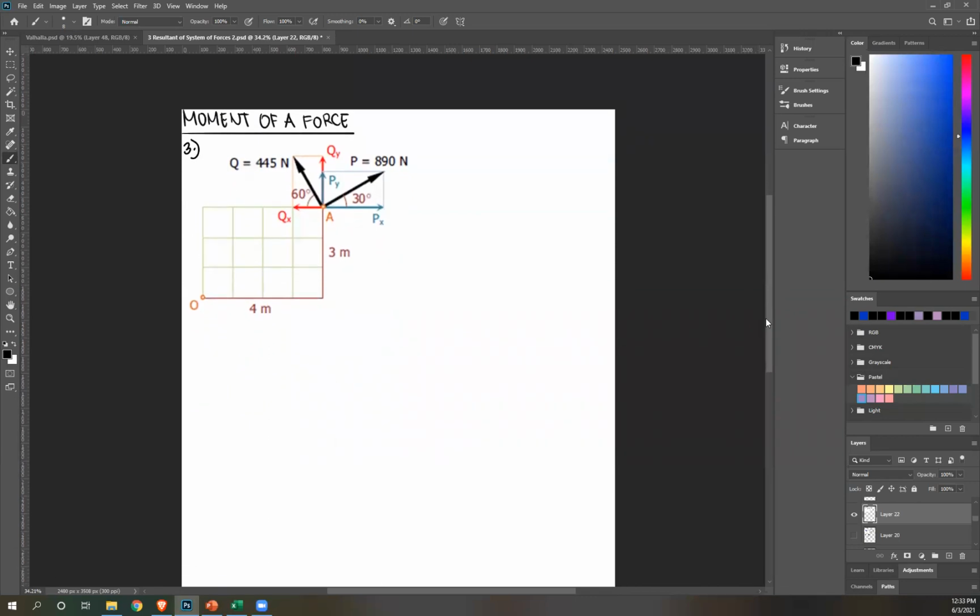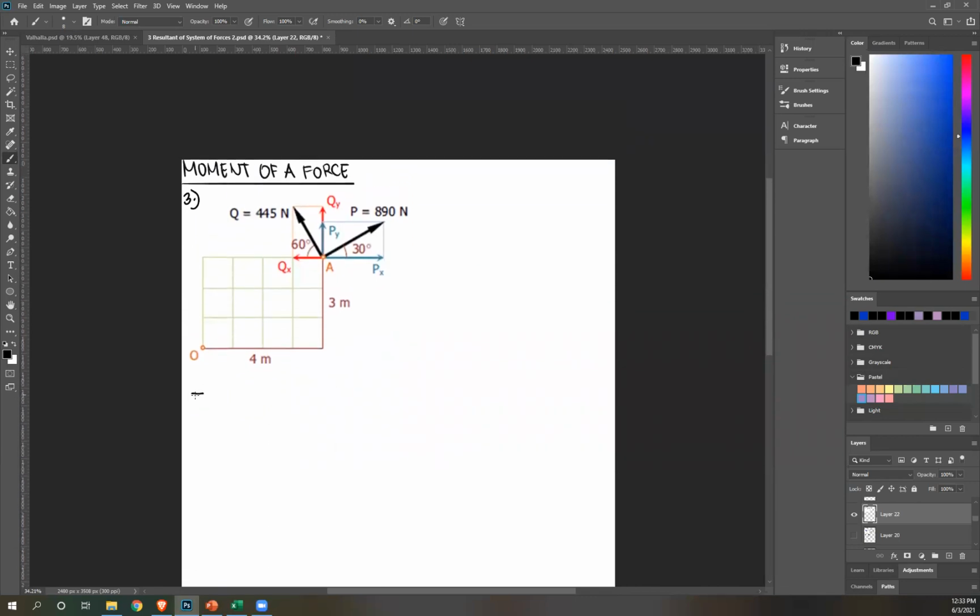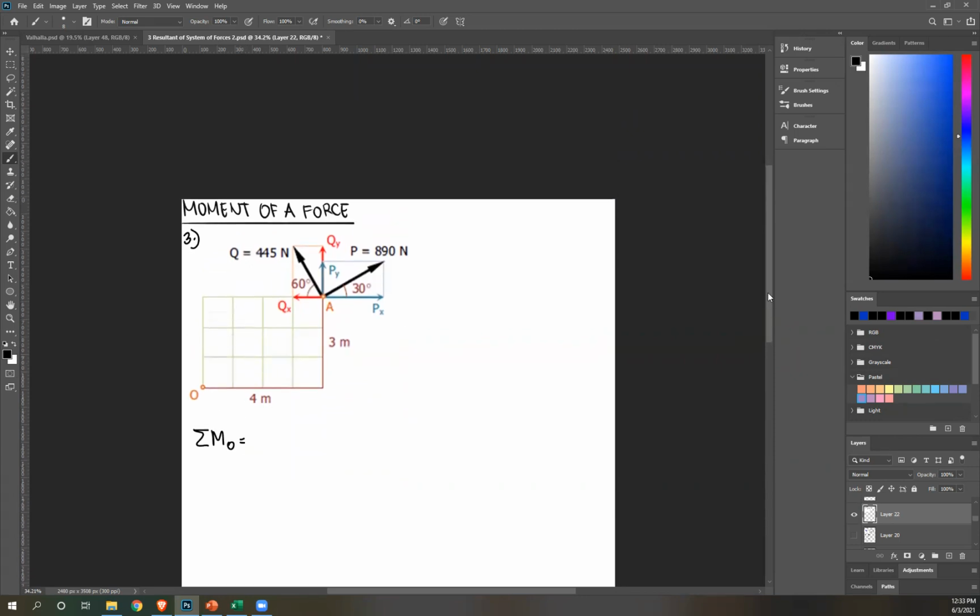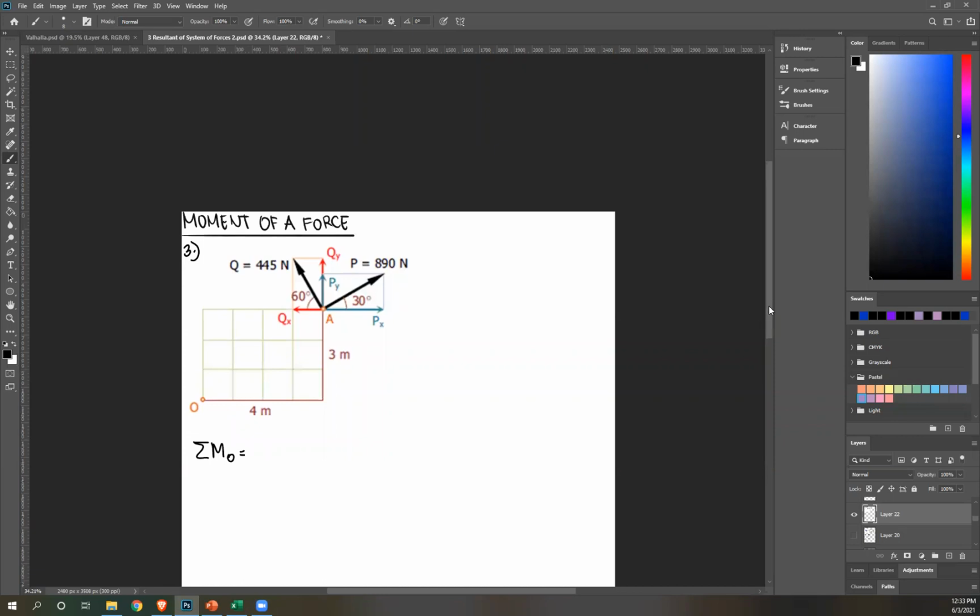Okay. So that means I'm directly solving for moments about O. To do that, we're just going to get the algebraic sum of the moment of P and Q about O. So we can use the equation force times distance. However, if we extend the line of action of P, this is the perpendicular distance to O. And once again, that's a bit tedious to solve for.